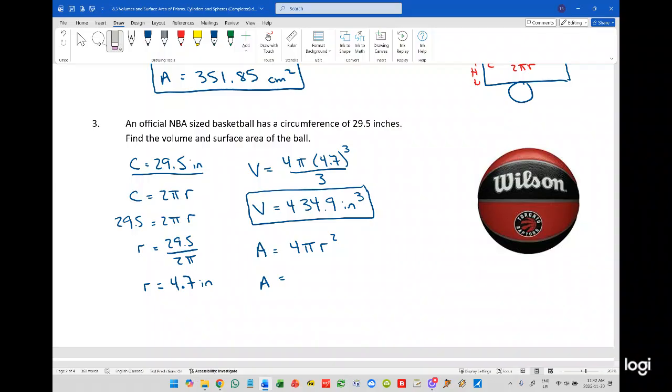Oh, and again, I'll do an extra line. I could have immediately plugged in that the radius was 4.7. All right, so 4 times pi times 4.7 squared is 277.6, and that's inches squared.